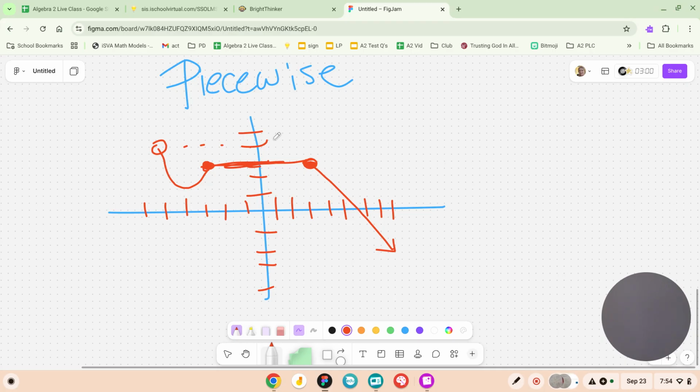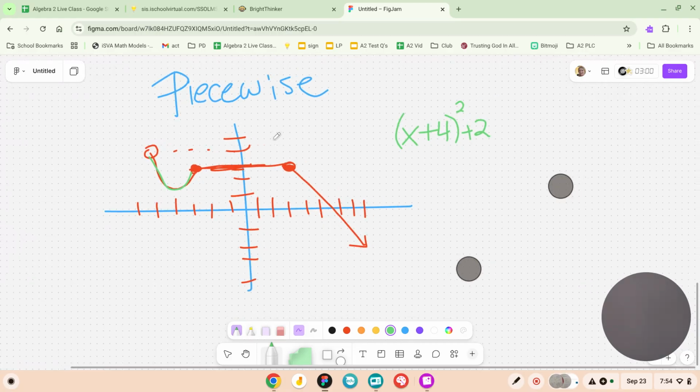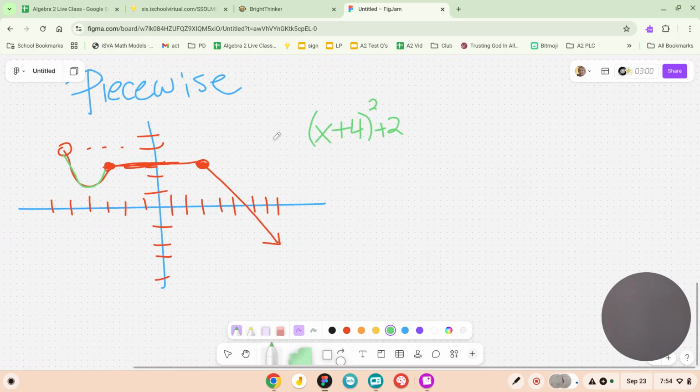What you're looking at on your piecewise function, the first part of your questions on your test, is just looking for where is it. Where is this section of your function? It's going to be an x plus 4 squared plus 2 function, because it's a parabola and it's shifted 4 to the left and it is up 2. But what you're looking at is the range of the domain of where you see that.